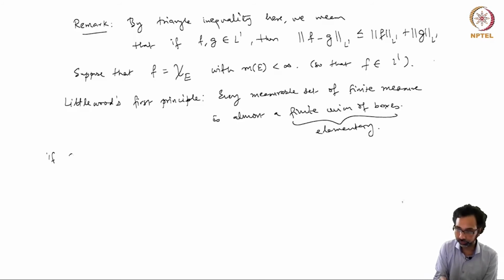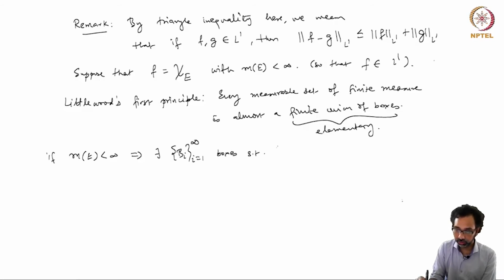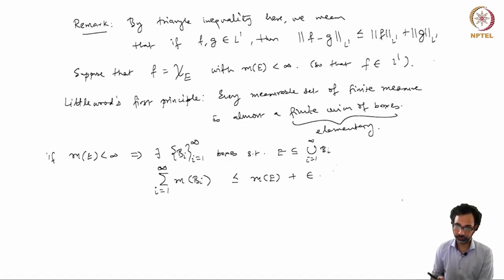If the measure of E is finite, this implies that there exists a collection of countably many boxes B_i, i equal to 1 to infinity, such that E is covered by the union of these boxes, and the sum over i of the measures of these boxes B_i is less than or equal to the measure of E plus epsilon. This is from the definition of the Lebesgue outer measure.